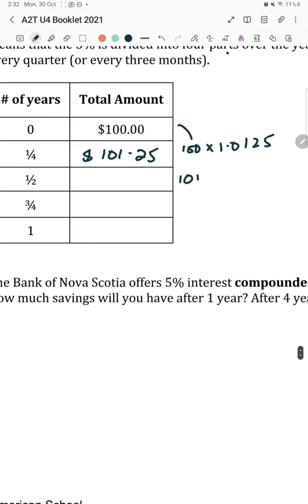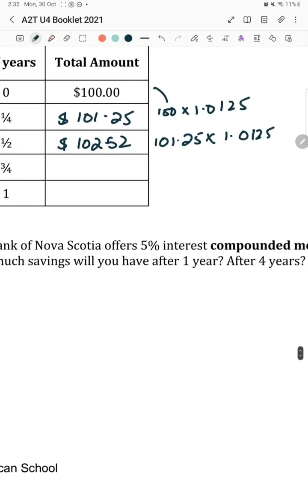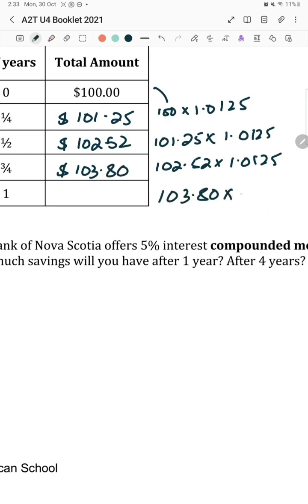So 101.25 times 1.0125 is equal to $102.52. 102.52 times 1.0125 is equal to $103.80. 103.80 times 1.0125 is $105.10.